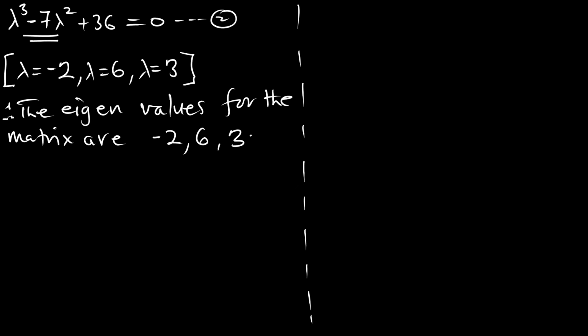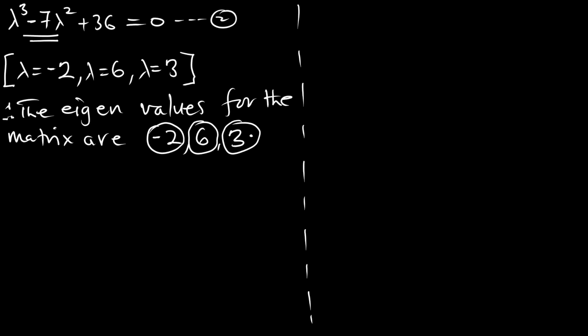So the question asked for the corresponding eigenvector. At an eigenvalue of negative 2, what is the corresponding eigenvector? At 6, what is the corresponding vector? And at 3, what is the corresponding vector? Let's move straight and find the corresponding vectors for each of the eigenvalues.